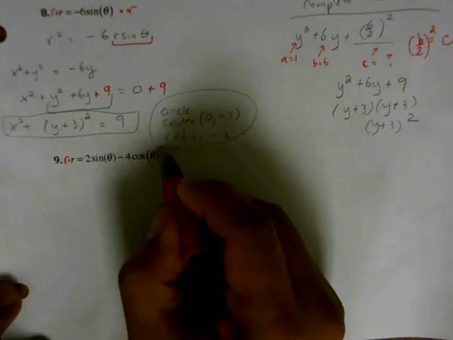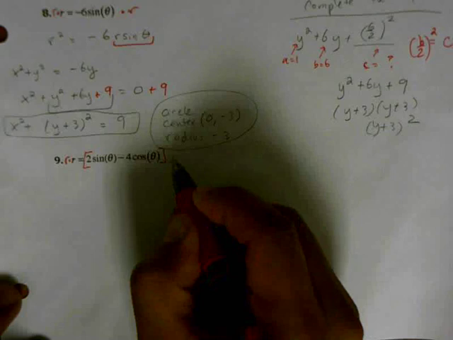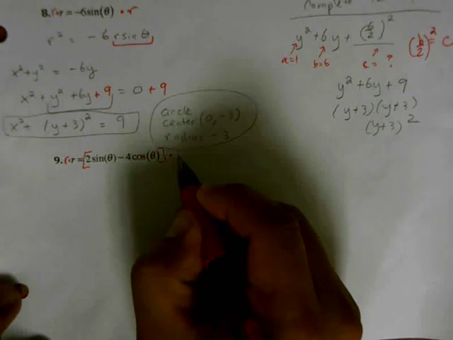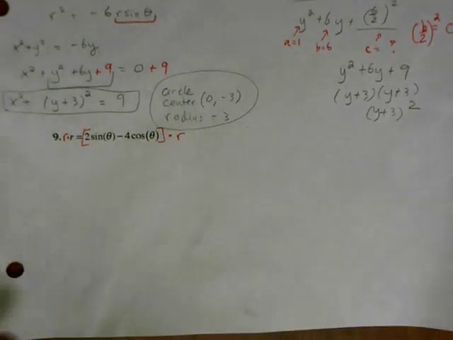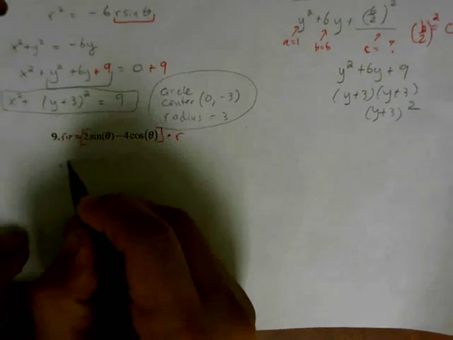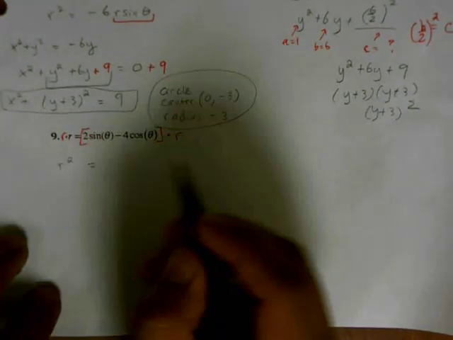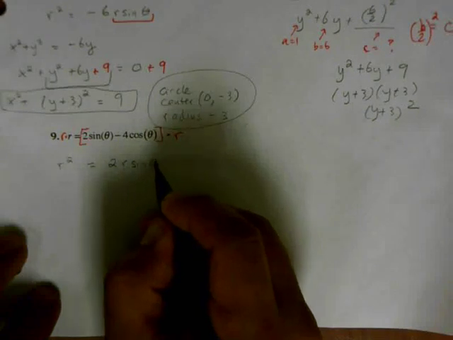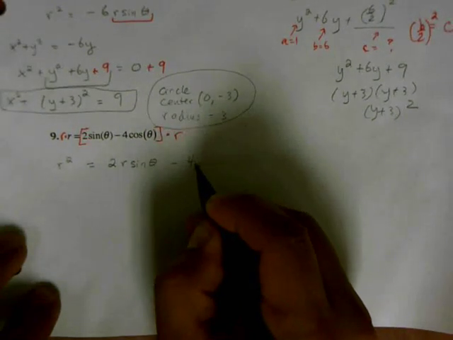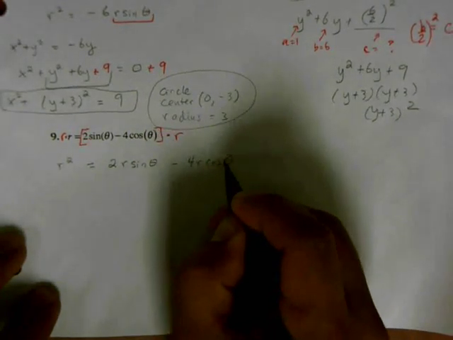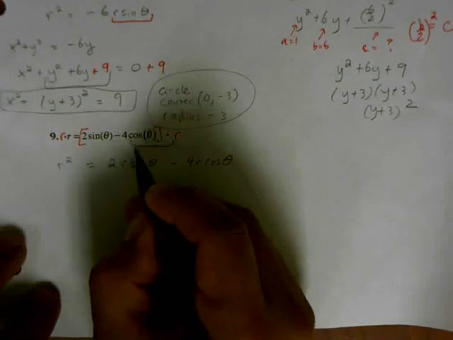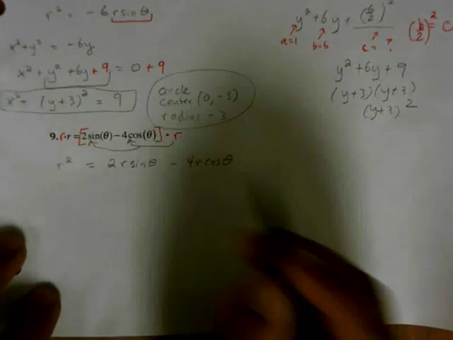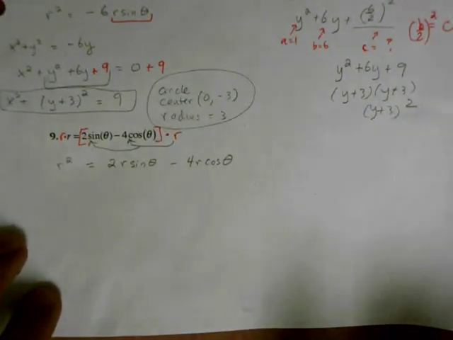So I'd rather just multiply everything, and by everything I mean you've got to put parentheses around the entire right side of the equation multiplied by r. So on the left side I get r squared, on the right side I get 2r sine theta minus 4r cosine theta, because I have to distribute the r here.